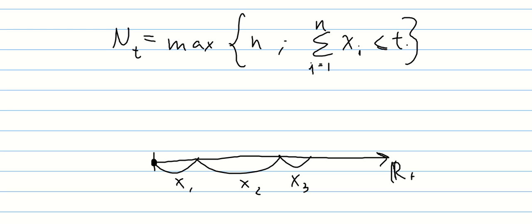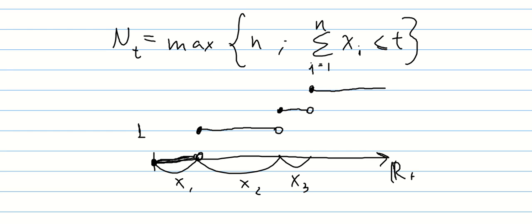Actually, if time is smaller than x1, this cannot happen. So this is also going to be 0 until time x1. At time x1, it's already possible to put n equals 1 here, and the sum is just x1, it's smaller or equal than x1. So here we jump from 0 to 1. And here we go, and we jump from 1 to 2, and we jump from 2 to 3, and so on.